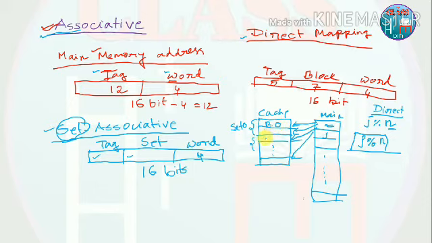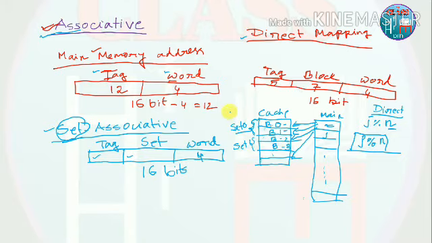This is block 0, and suppose this is block 1. So block 0 and 1 make up a set, and this set name is set 0. And block 2 and block 3 make up another set, and suppose the name of this set is set 1. So set 0, set 1, set 2, set 3, this way.